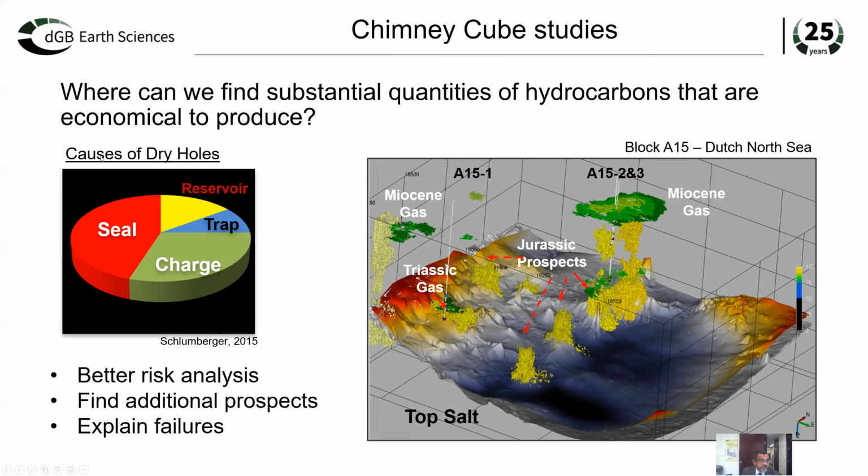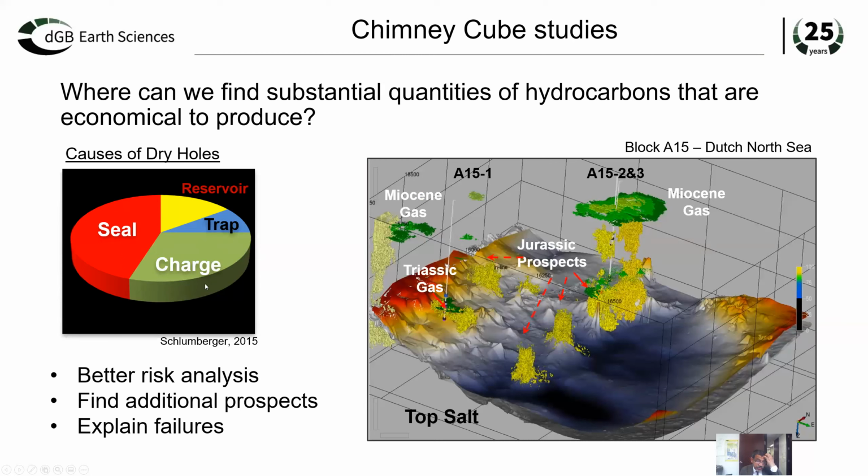So what we saw is that the majority of the causes of dry holes are related to charge and seal. Seal is what chimney analysis would help reduce: the seal problem of the covering beds, as well as the charge, like whether it is migrating into the trapping system.